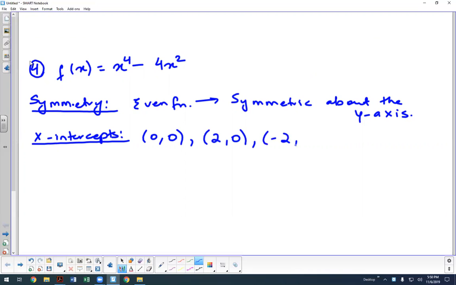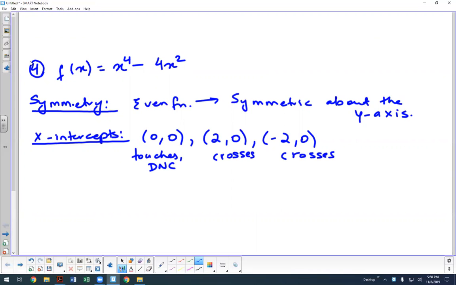Negative 2, 0. And where our graph was going to cross or just touch? It's going to touch at 0, 0, but does not cross. And then it crosses at both of the others. Very good. Crosses at 2, 0. Crosses at negative 2, 0.